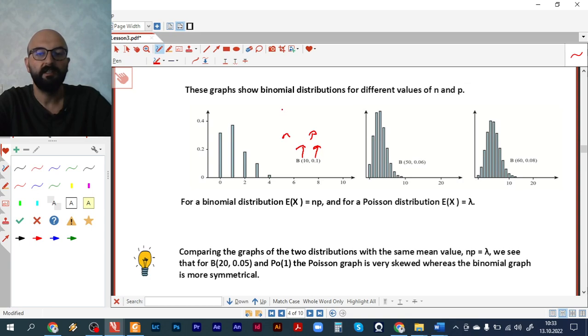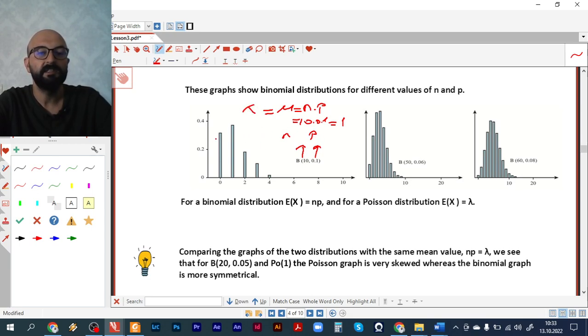So mu equals n times pi, so 10 times 0.1 is 1. So mu and lambda are the same thing.